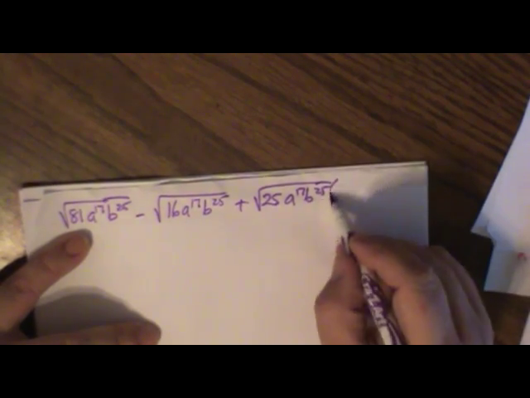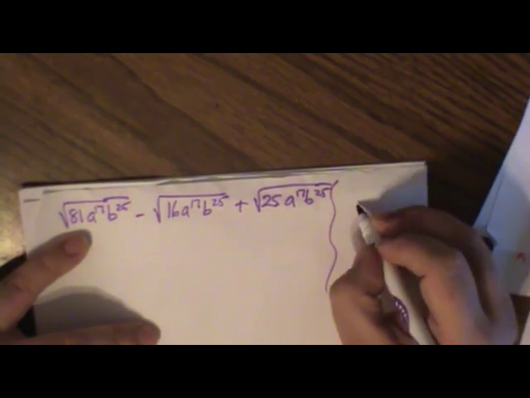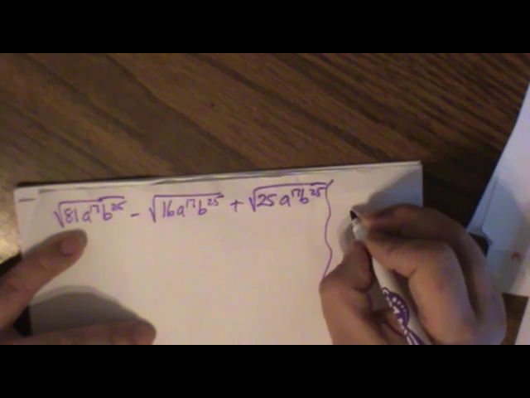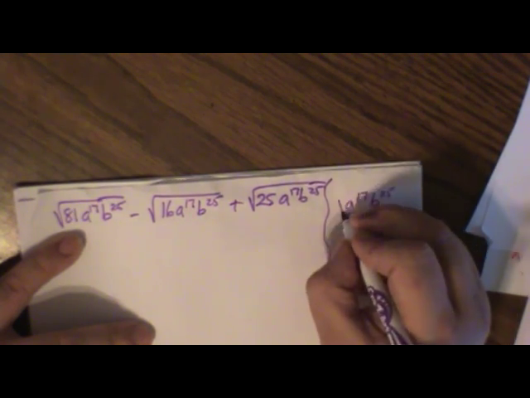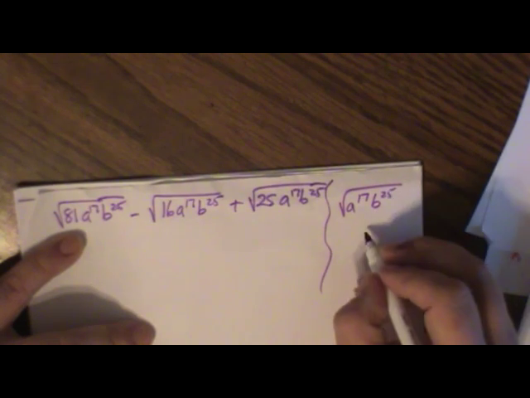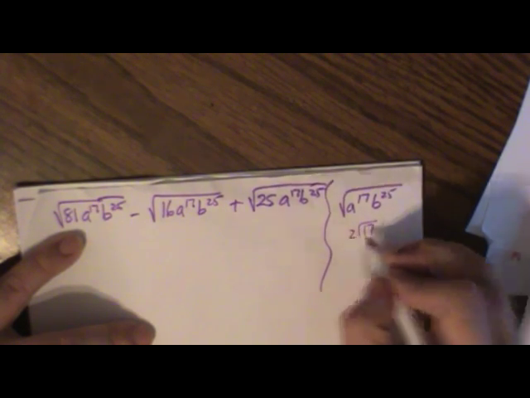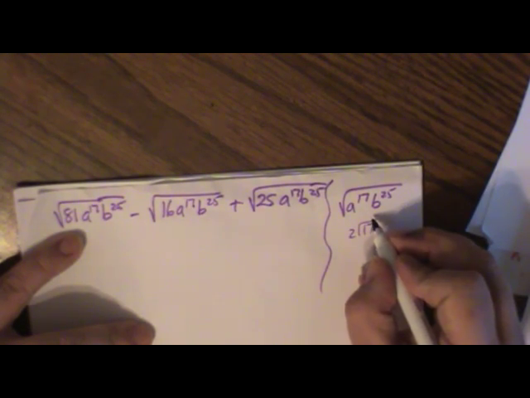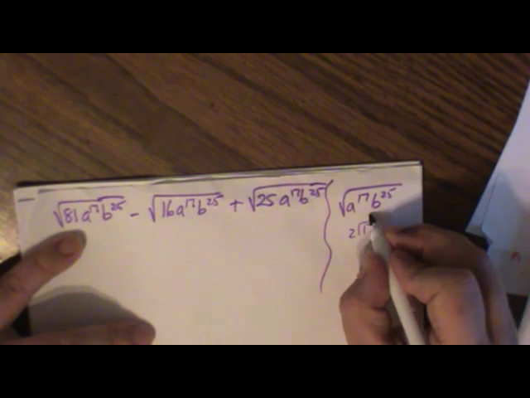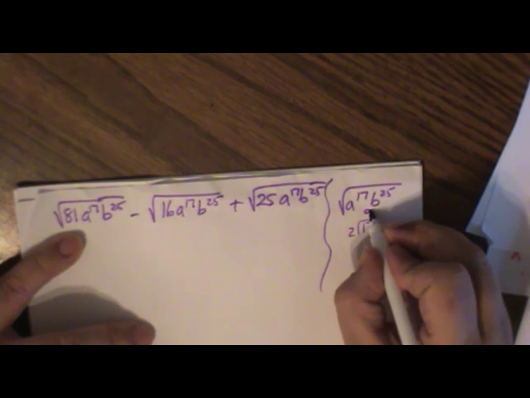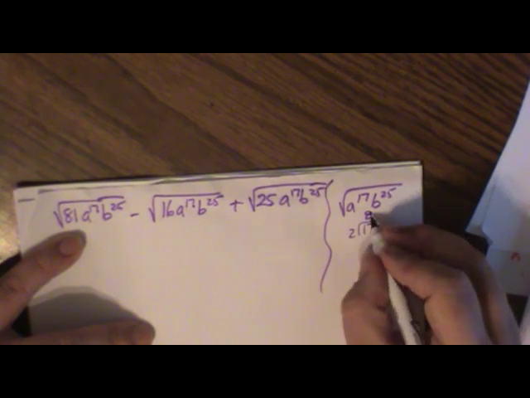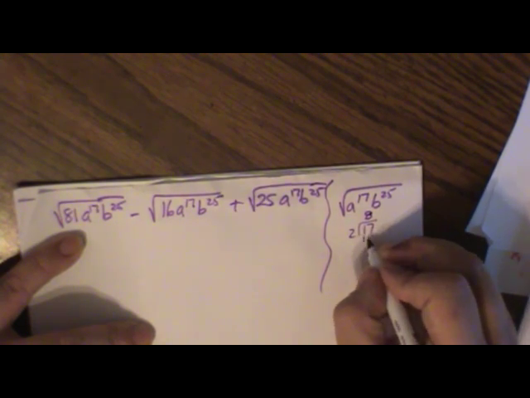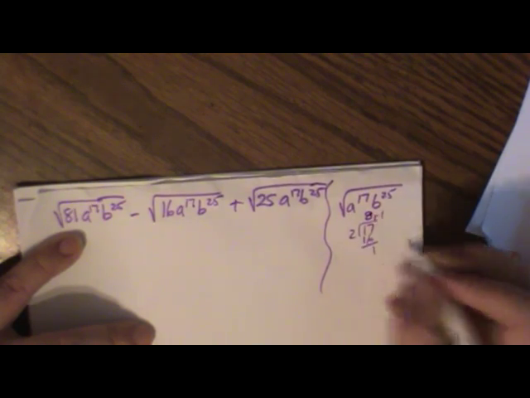So we can figure out what a to the 17, b to the 25 is when we take the square root of it. If you take 17 and divide it by 2, you get 8, because 9 is too much, 9 is 18. 8 times 2 is 16, with the remainder of 1.